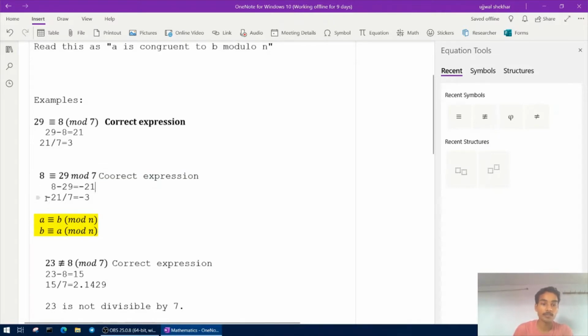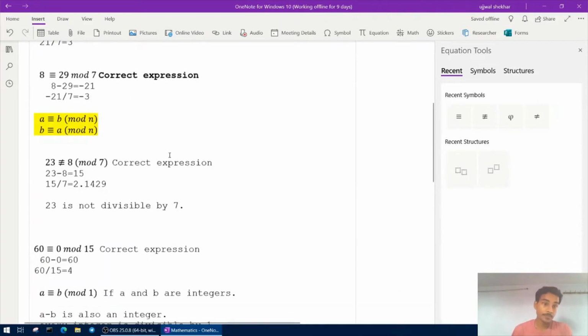After dividing minus 21 by 7, we will get minus 3. So again, you are getting a whole number. Even if it's a negative number, negative numbers are also whole numbers. So we can say that this is again a correct expression.